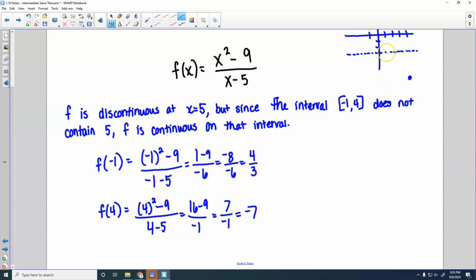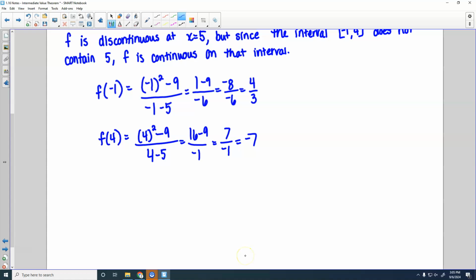You are proving that this is the case. The way that we want to do that, we've already said it's continuous. We've shown what the endpoints are. We're going to say since... Now, here, which one's lowest? F of 4 or F of -1? F of 4. I like to do this. I do F of 4, which equals -7.